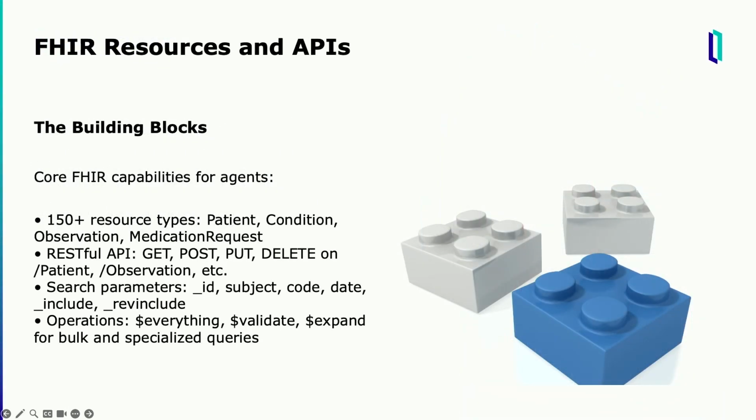FHIR gives the agent a predictable and queryable interface. It provides resource types, consistent RESTful FHIR APIs, search parameters, and a standard way to retrieve and traverse clinical information.